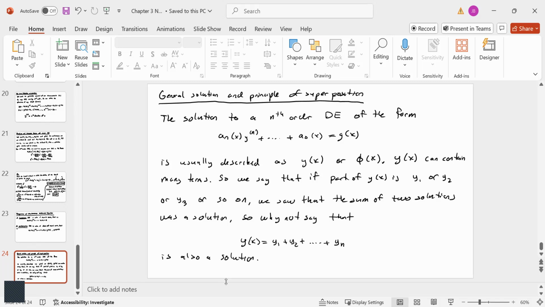It turns out it is. And we call that the principle of superposition. So that's where we're going to introduce the principle of superposition.